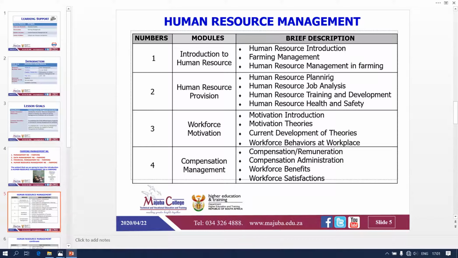We're going to look at human resource planning, human resource job analysis, human resource training and development, and the last one is human resource health and safety.